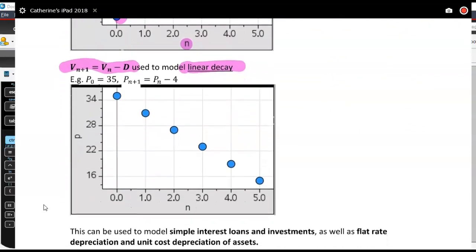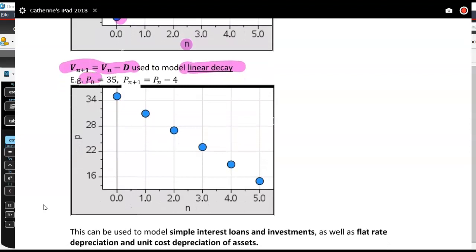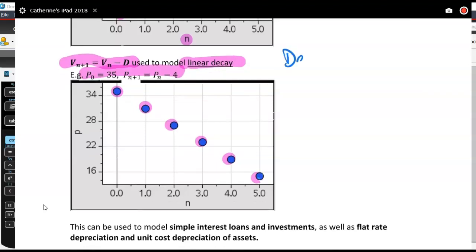You can see here, with my example, my initial amount was 35. And I'm going down by 4 each time, going down with that negative. Now, with decay, the P might be representing the value of an asset. So this might be talking about depreciation.